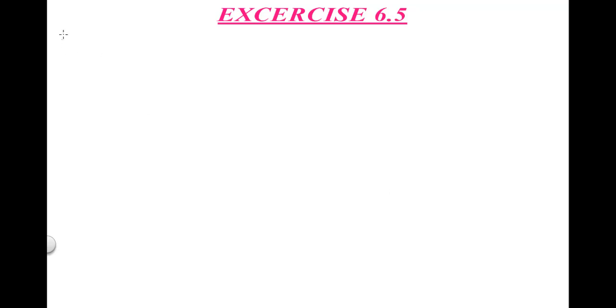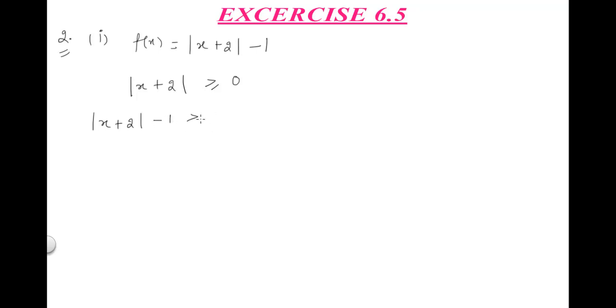In question number 2, first part, the function given is f of x equals modulus of (x plus 2) minus 1. Now we have to again find out maximum and minimum values, if any, for this function. We know modulus of (x plus 2) is always going to be greater than or equal to 0. We will subtract 1 on both the sides. We get modulus of (x plus 2) minus 1 greater than or equal to minus 1.